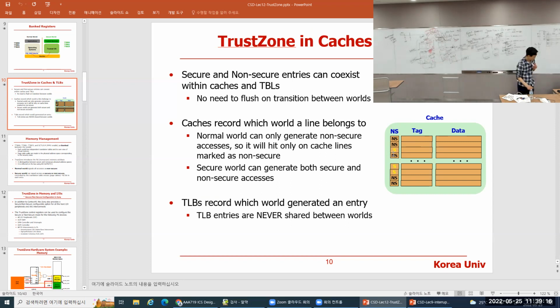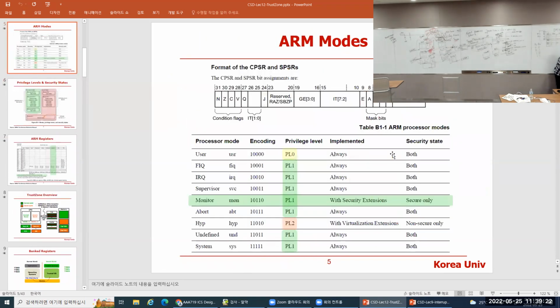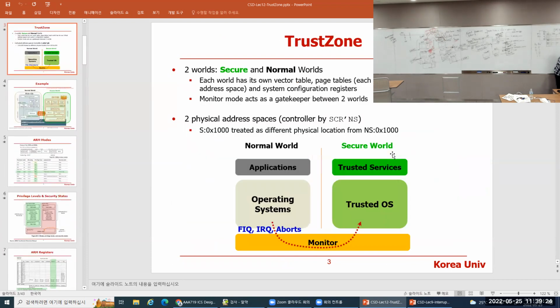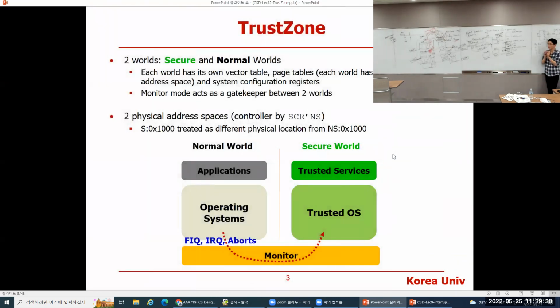So let's go to there. One little complication is this. I think someone has been working on this to find a security breach in TrustZone. So look at this one. This means when the CPU is in secure state, you are accessing that memory location, 1000.